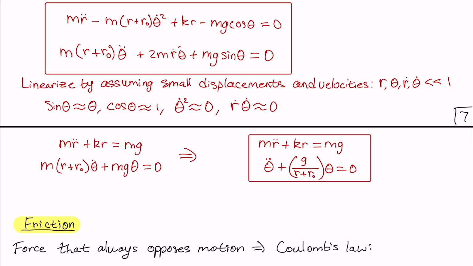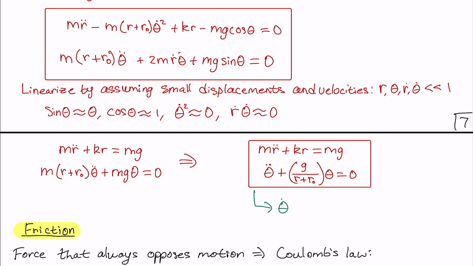Wait, hold on. These are still nonlinear because we got an r times a theta. This should reduce down to theta double dot plus G over R0 theta equals 0. However, I need to go investigate that because these are still nonlinear, since in this case we have r and theta multiplied by each other or divided by each other, which is still nonlinear.